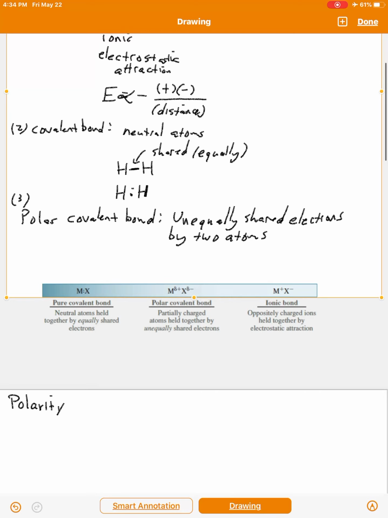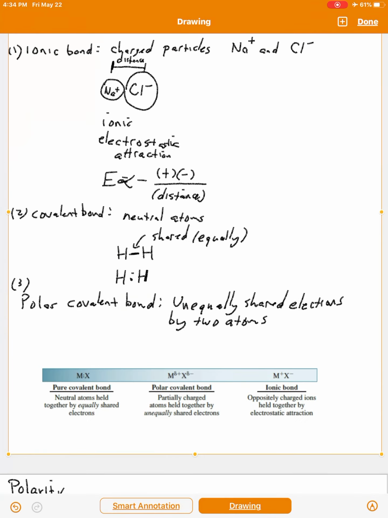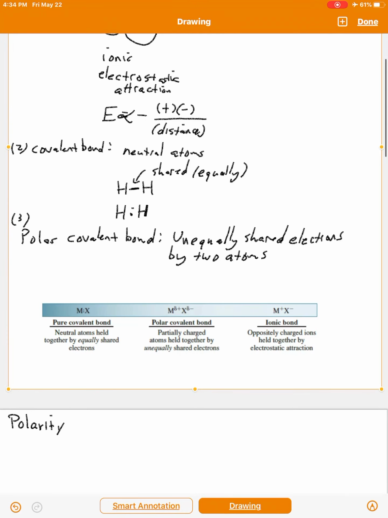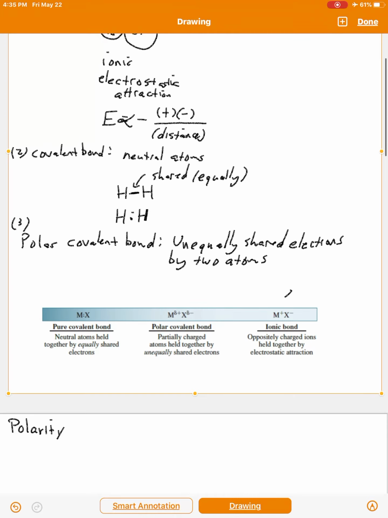Okay? So taking a look at this little chart down here at the bottom, if the two atoms, atom M and atom X, share the electrons equally, we call that a pure covalent bond. Neutral atoms held together by equally shared electrons. Then we have the other extreme, all the way over to the right.